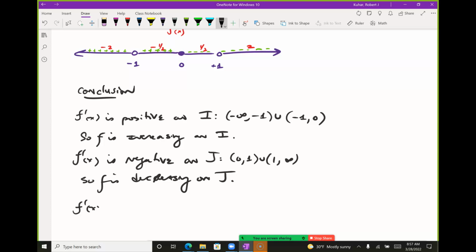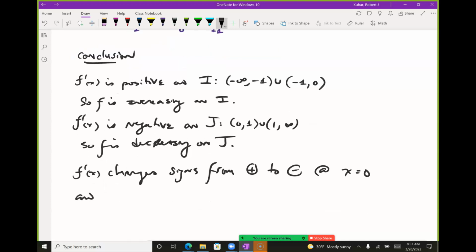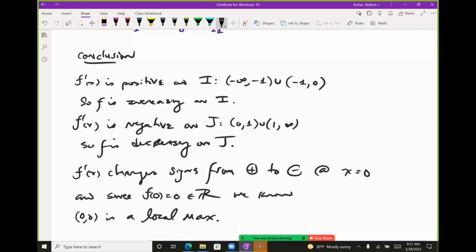F prime of x changes signs from positive to negative at x equals 0, and since f of 0 exists, or f of 0 equals 0 is a real number, same thing, we know (0, 0) is a local max. Done.